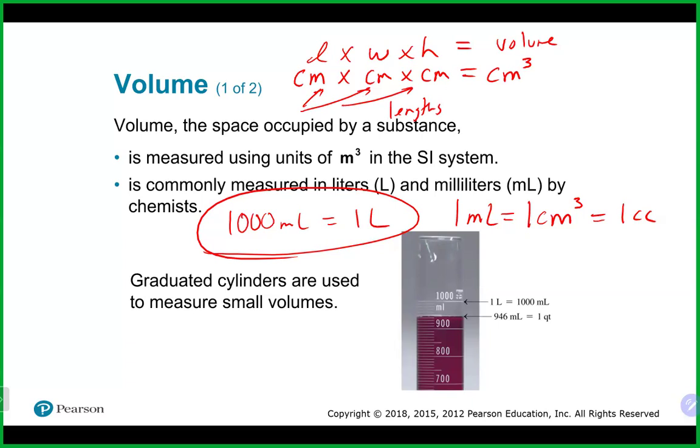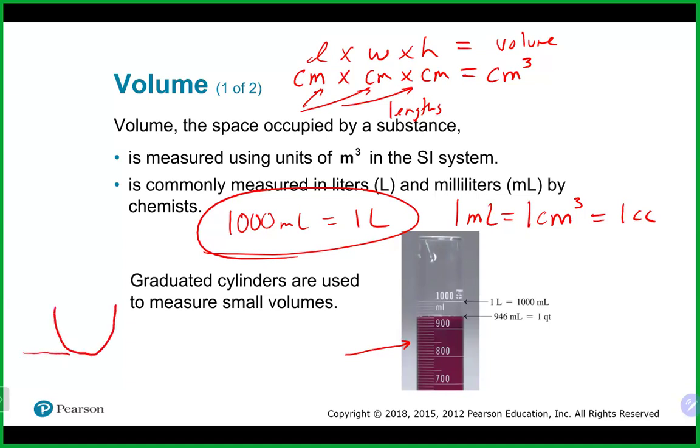By the way, when we look at something like a graduated cylinder, which is a good piece of equipment to measure out a certain amount of a liquid, we typically will see, when you put a liquid in a glass container, like a graduated cylinder, a test tube, a beaker, the curvature of the liquid.